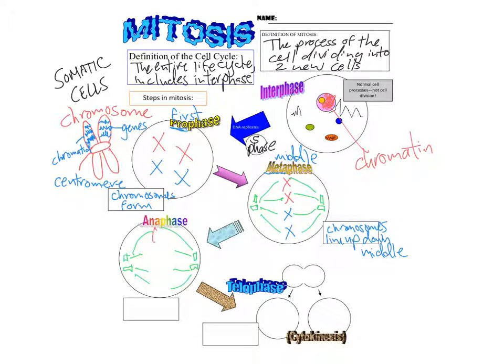And here's chromosome number 1, and chromosome number 2, and number 3 and number 4. Okay. So chromosomes pull apart during anaphase, and they move to the sides of the cell.